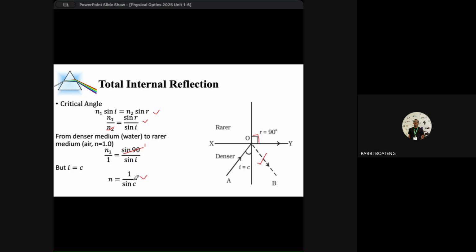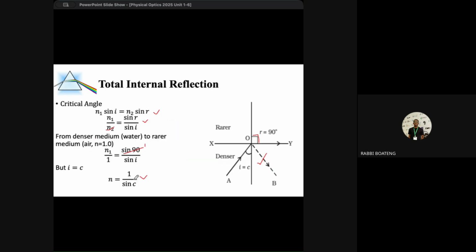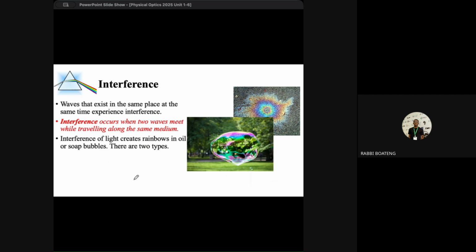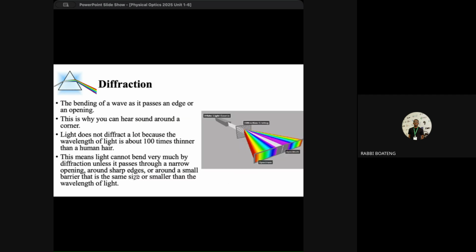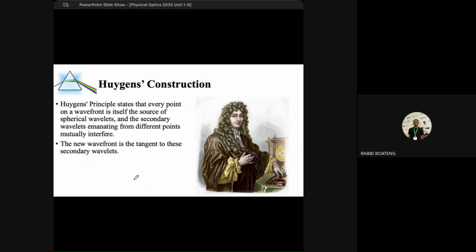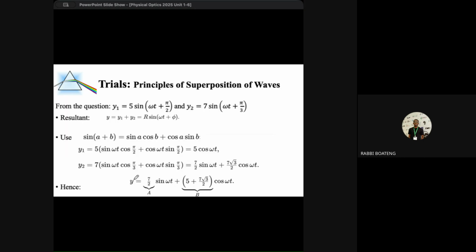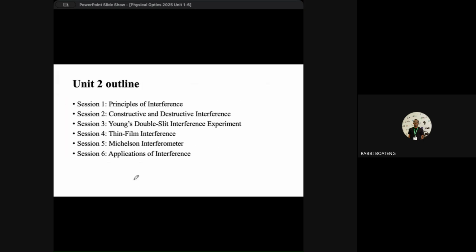I'll try and update the slides with some questions so that we will appreciate some of the things we are doing so far. But the next time we meet, we will look at interference, absorption, refraction, Huygens principle, and superposition of waves. Then, we didn't even finish unit 1, interesting.